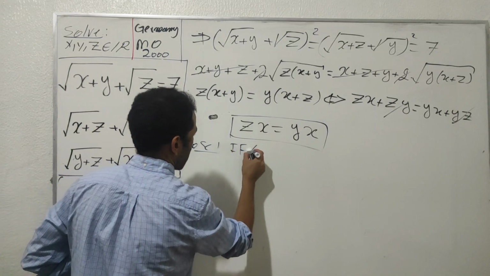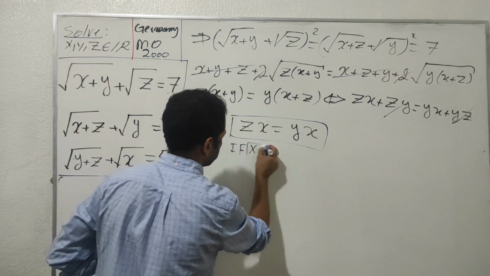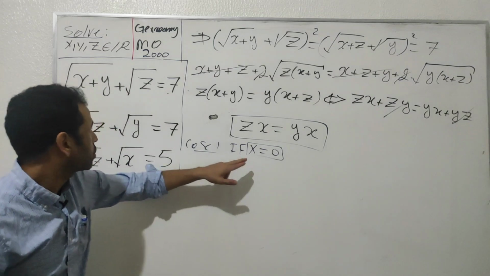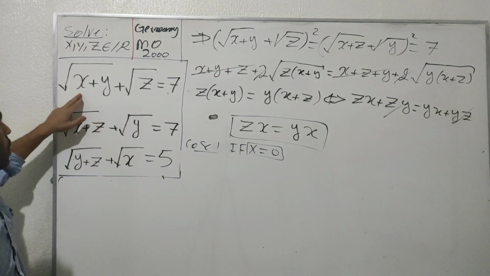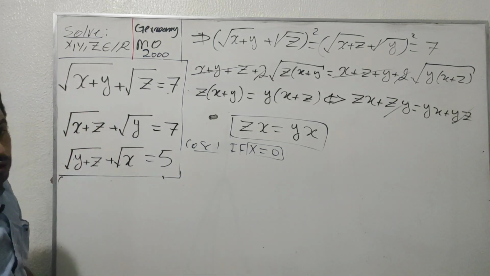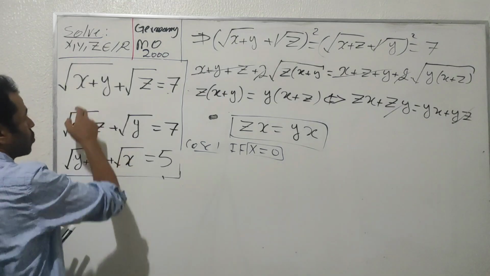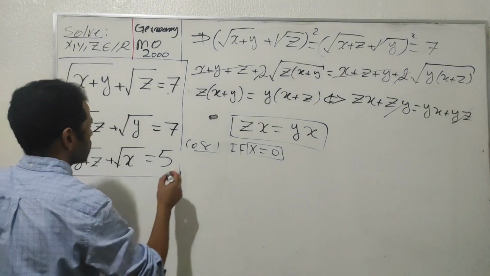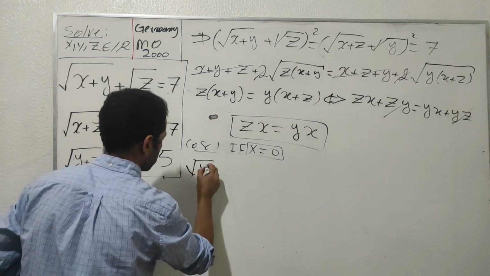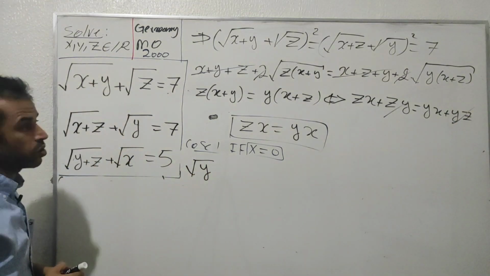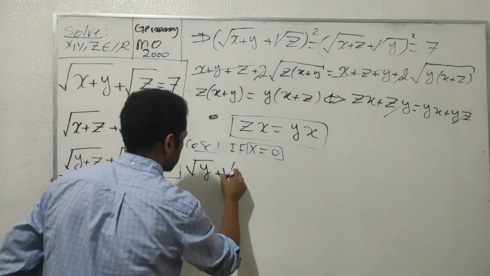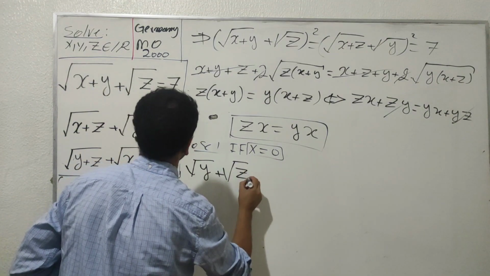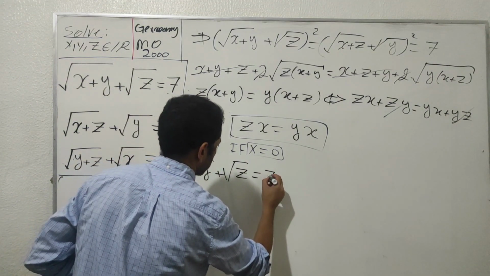if x equals 0. If x equals 0, I'm going to plug x with 0 in all these three equations. The first equation is giving us square root of y, because x is already 0, plus square root of z equals 7.